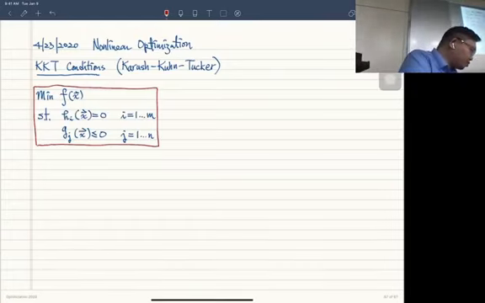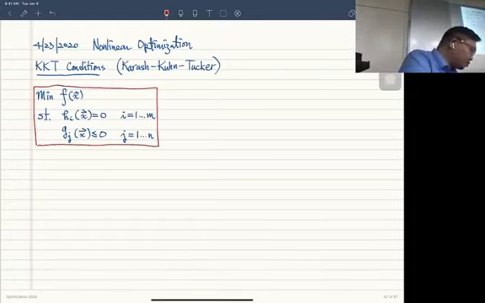And of course, I wish this is 0. Otherwise, I move on to some new point that doesn't satisfy my constraint and can no longer move forward. So suppose we have this.